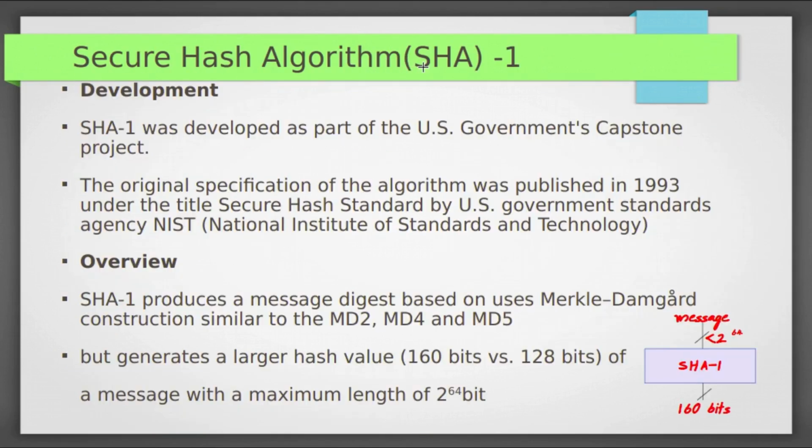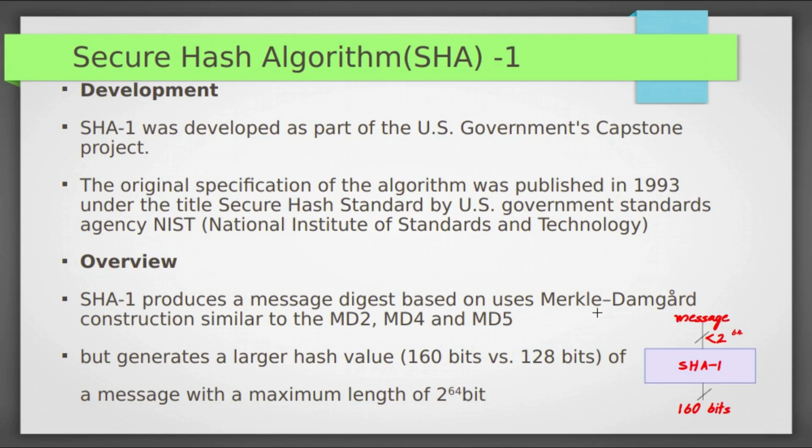Secure hash algorithm SHA1. SHA1 was developed as a part of the US government's Capstone project. It was first published in 1993 by the US Government Standards Agency, NIST. Before getting into details, let us see a high-level view of SHA1.